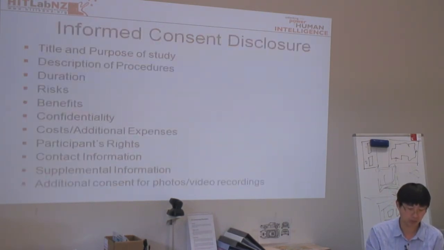And if you're going to take photos or video recordings of the participants, then you'll have to make sure the participants are aware of it and they have agreed about that.